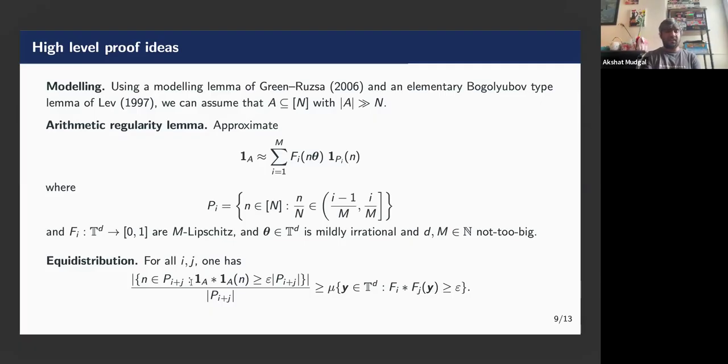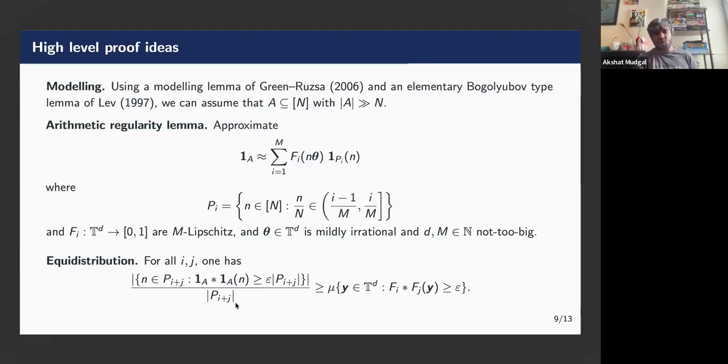So if I look at all the elements n in this block and show that this convolution is not only positive, it's quite large, then this set is contained in A plus A. So if I just show that this convolution is large in this block, I'm good to go.